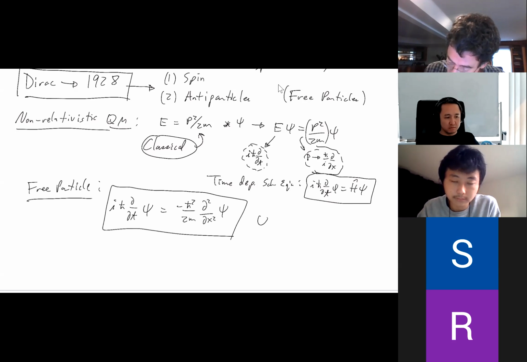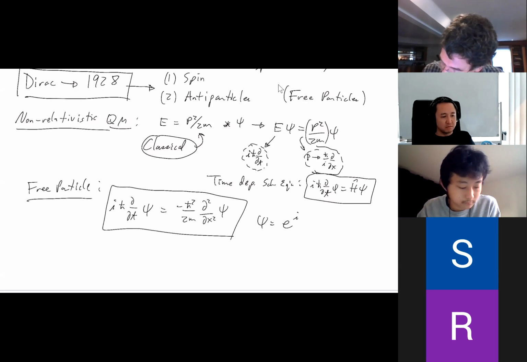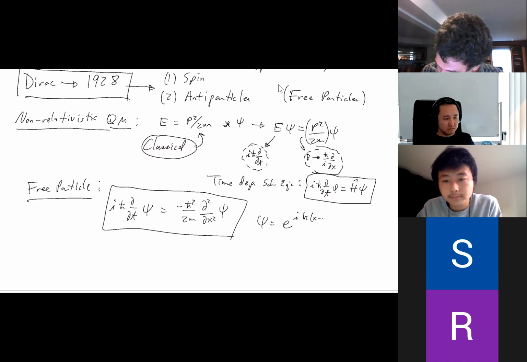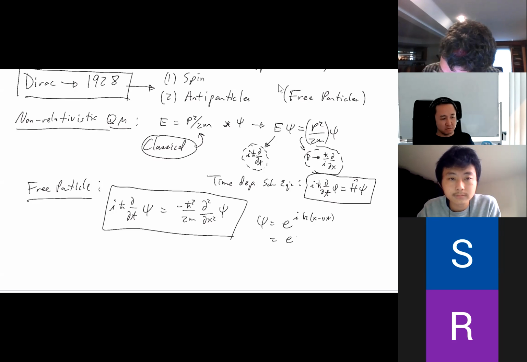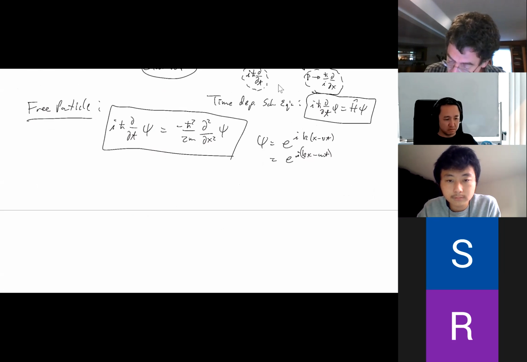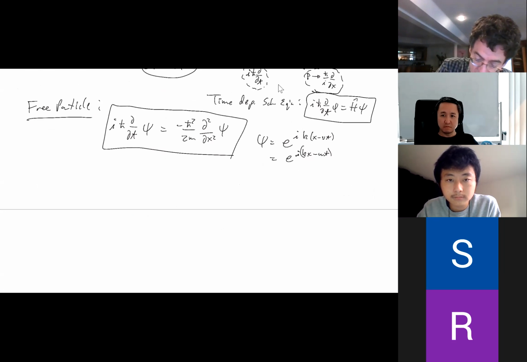Then you get psi equals e to the i(kx minus vt), or e to the i(kx minus omega t). So you have a traveling wave solution for the free particle. That's non-relativistic free particle quantum mechanics.